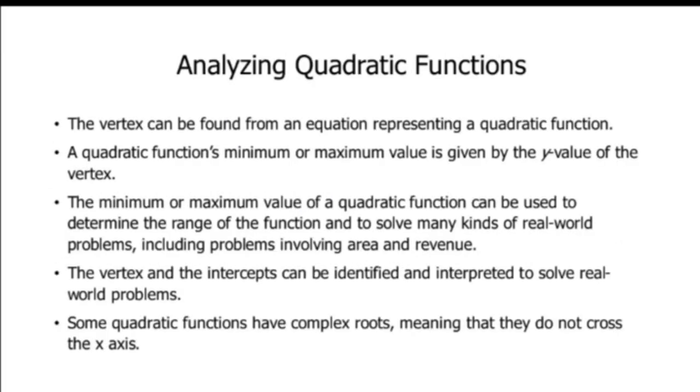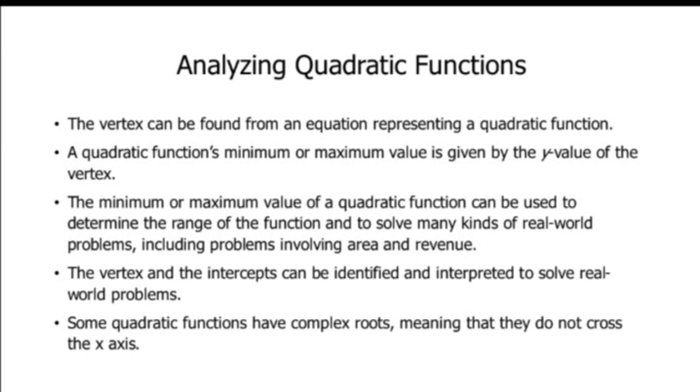To sum up, analyzing quadratic functions. The vertex can be found from an equation representing a quadratic function. A quadratic function's minimum or maximum value is given by the y value of the vertex.